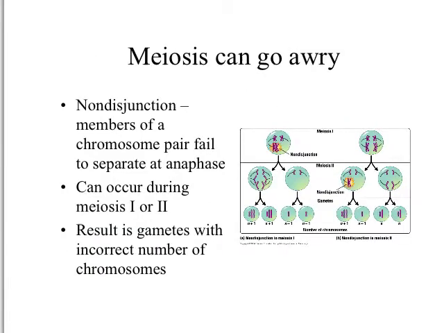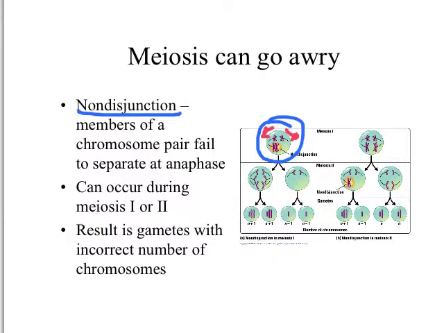All right, so unfortunately this meiosis thing doesn't work perfectly every single time. Meiosis can go awry, and this is one of the ways. It's called nondisjunction. Basically, one of the chromosome pairs fails to separate from each other, like here in meiosis 1. We've got these top two going in opposite directions, which is good.